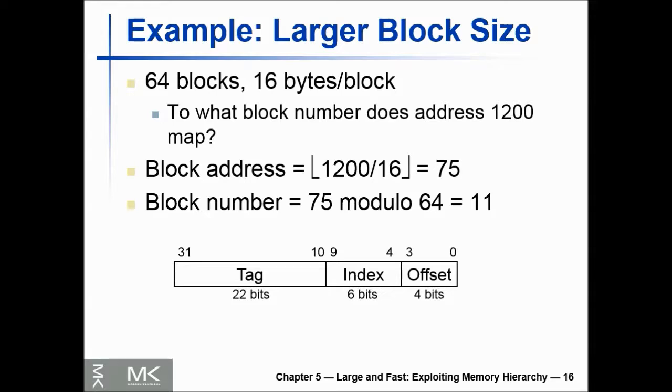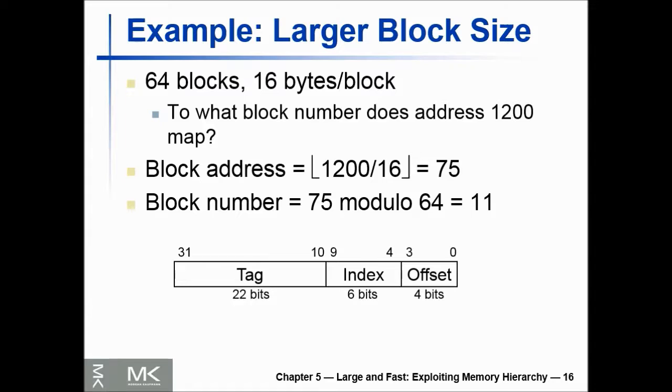The address of the block is the byte address divided by bytes per block. Notice that this block contains all addresses between byte address divided by bytes per block multiplied by bytes per block, and byte address divided by bytes per block multiplied by bytes per block plus bytes per block minus 1.